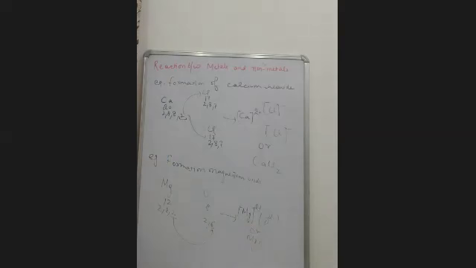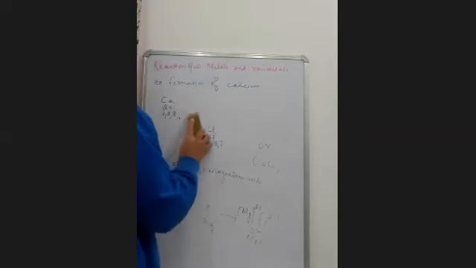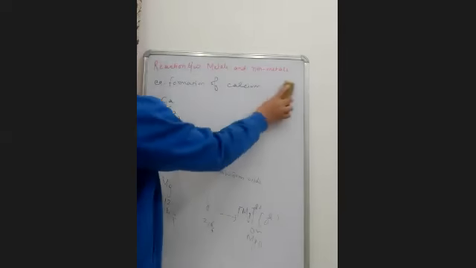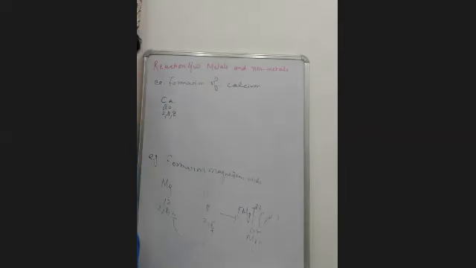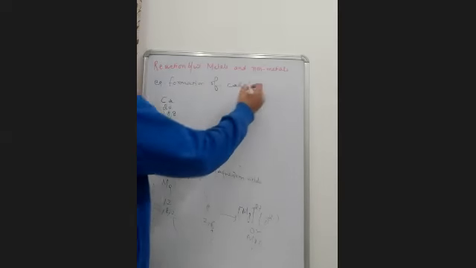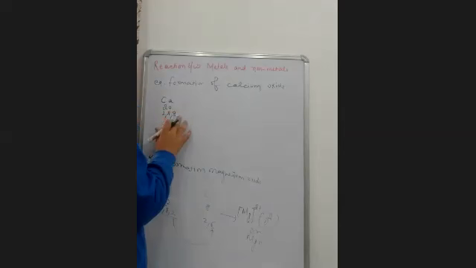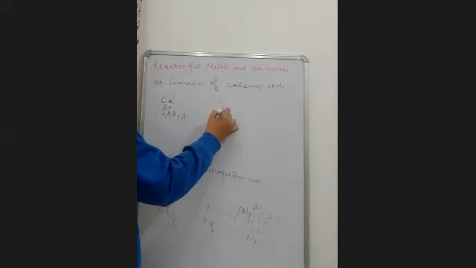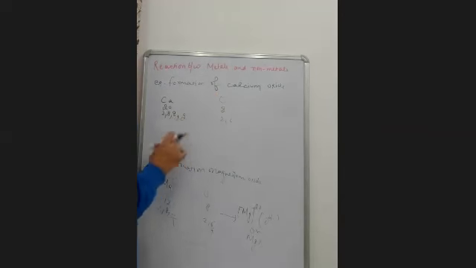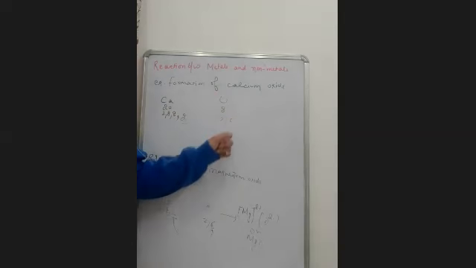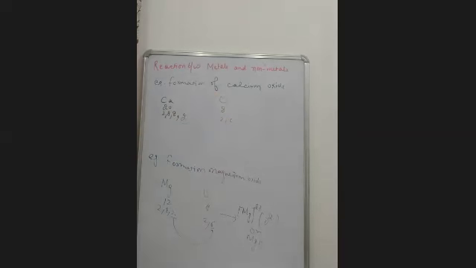Right. Similarly, formation of calcium oxide. Calcium and oxygen. Calcium needs to lose 2 electrons to complete its octet, oxygen needs to gain 2 electrons to complete its octet.